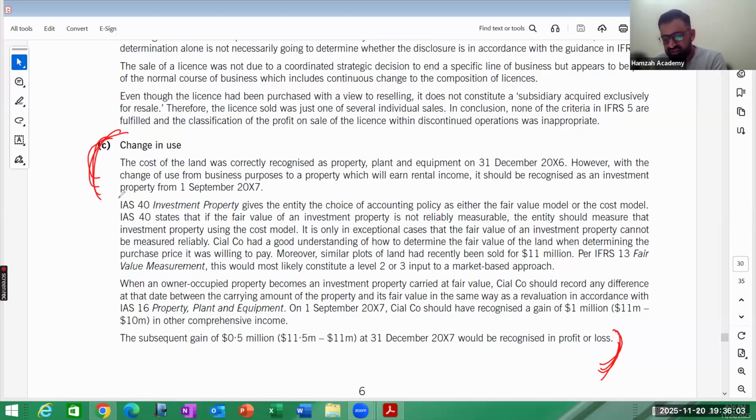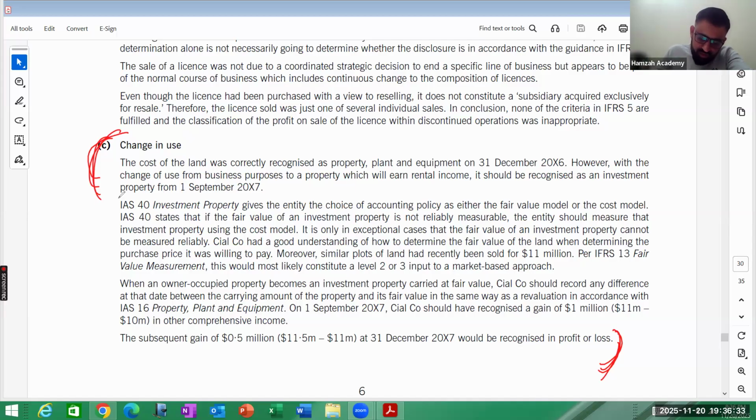So this is another question, number 3. And you can see that in question 3 mostly they are talking about accounting issues. We have case studies related to accounting standards. Here we have IFRS 16, IAS 40, IAS 16, IFRS 13, we have IFRS 5.